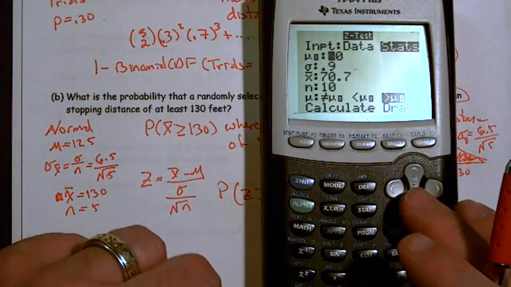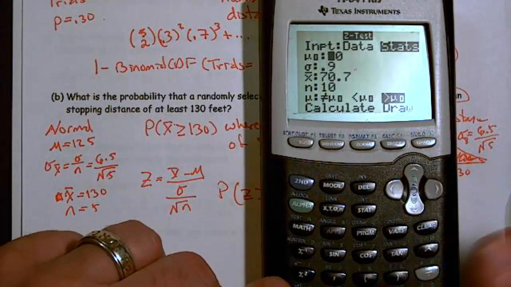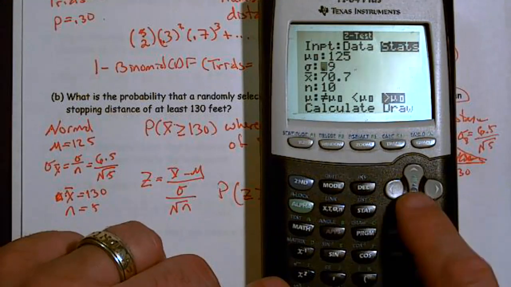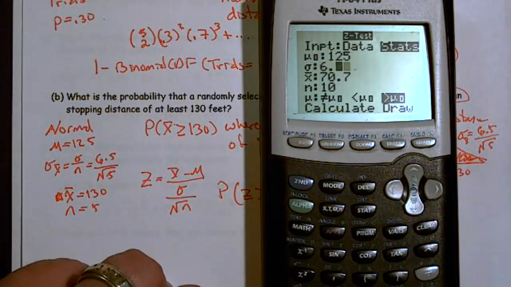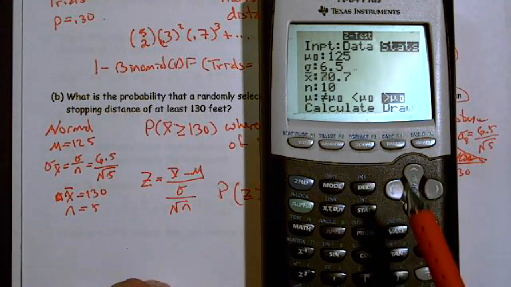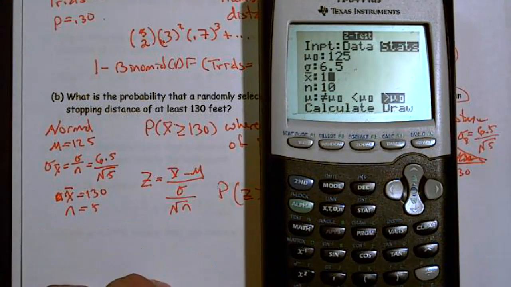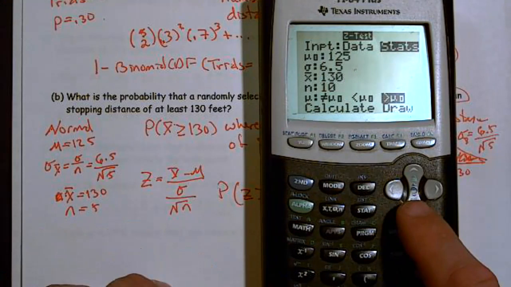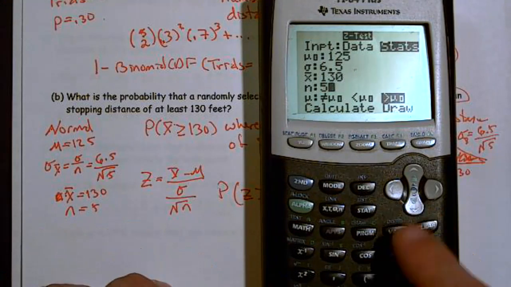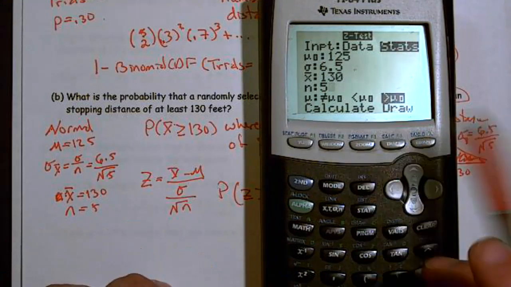Our mean stopping distance in this case was 125. Our standard deviation was 6.5. Our X bar in this case is 130, and our sample size happened to be 5, and we wanted it to be greater than.